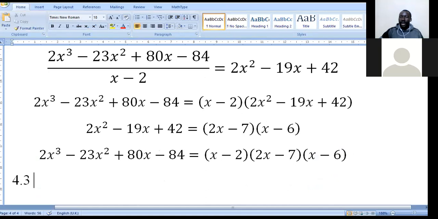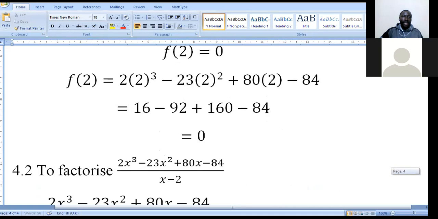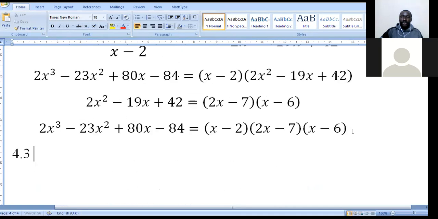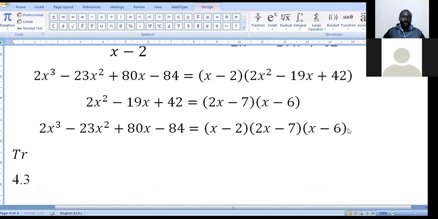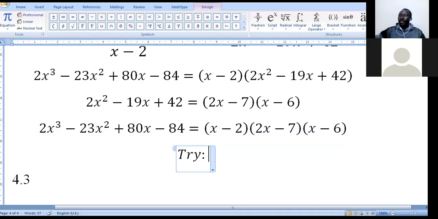If you would like to have a little more practice on this part of factorizing, or this method of dividing things here and there, then I would give you just a number to try. If you can go ahead and just try this out, this is for you to try.